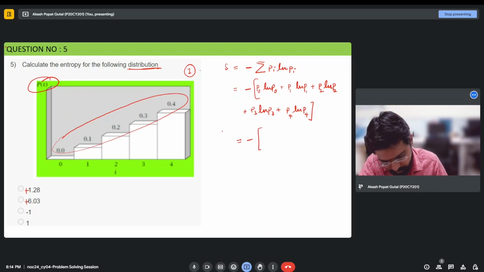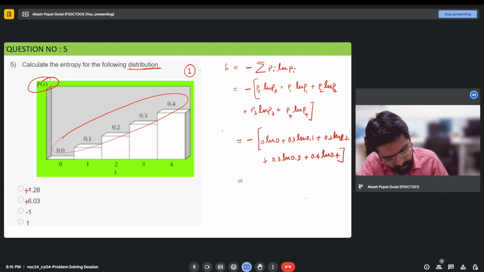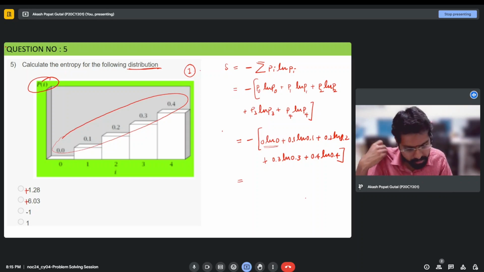So what is the value? 0 ln 0, plus P1 is 0.1 ln 0.1 plus 0.2 ln 0.2 plus 0.3 ln 0.3 plus 0.4 ln 0.4. So 0 ln 0 will be 0 because anything multiplied by 0 will be 0.